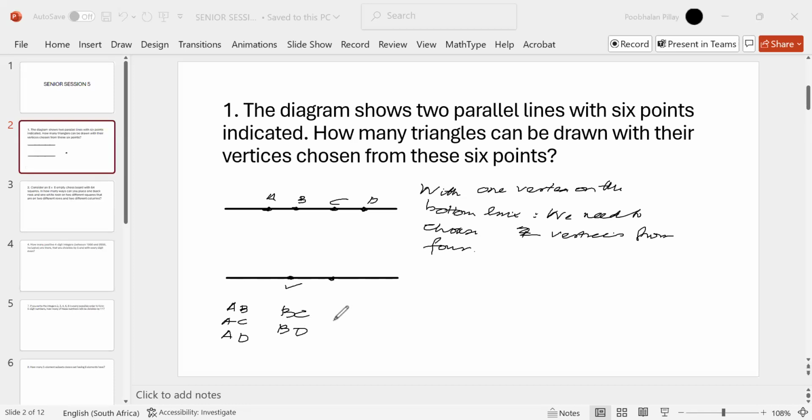And then you take one without either A or B in it. So you can only have CD. So there are 6 possibilities. Right? So you could choose 2 vertices in 6 ways. All right. So that means there are 6 triangles.